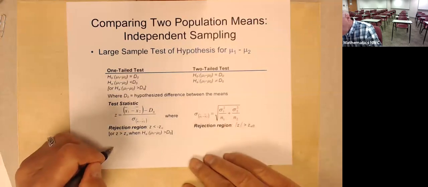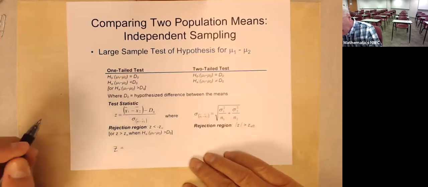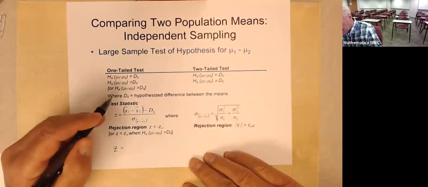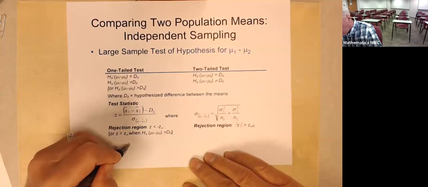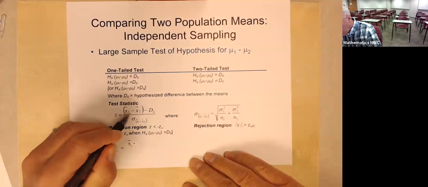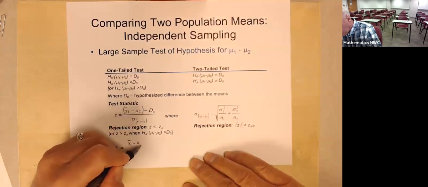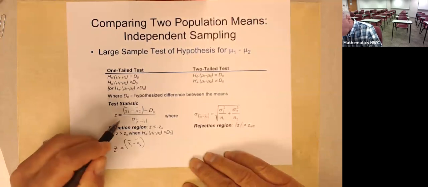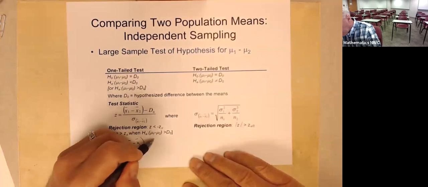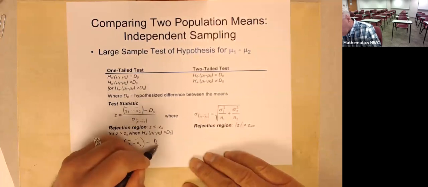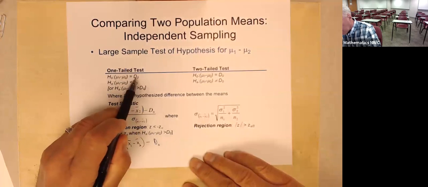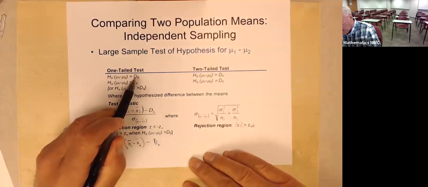So that means most of the time, our z, and copy this z down now, it's going to be this x1 bar minus the x2 bar minus the hypothesized difference from the null. That comes from this number right up here.